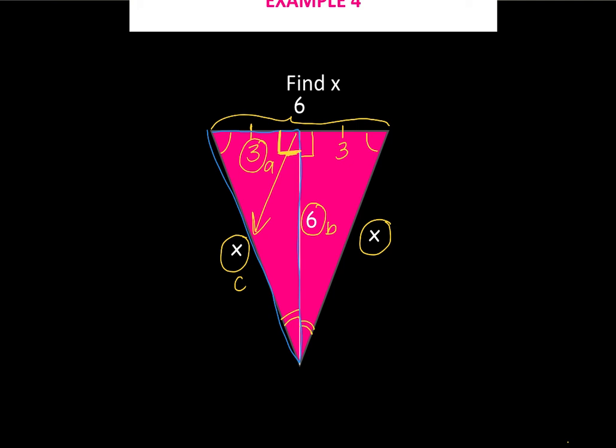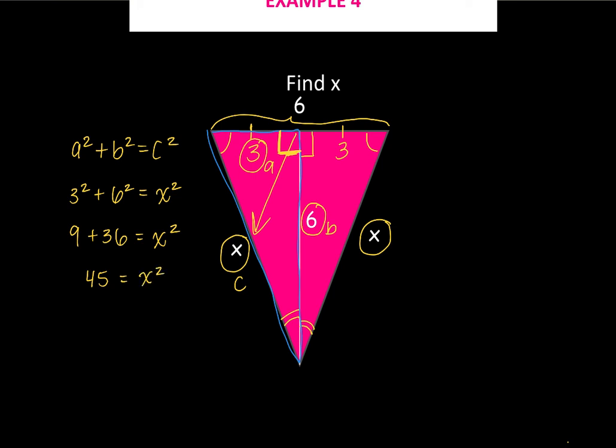Okay, so we've got A equals 3, B equals 6. So let's write A squared plus B squared equals C squared. A is 3 squared. Add that with B, which is 6 squared, and we're going to get x squared. 3 squared is 9. 6 squared is 36. 9 plus 36 is going to give us 45.